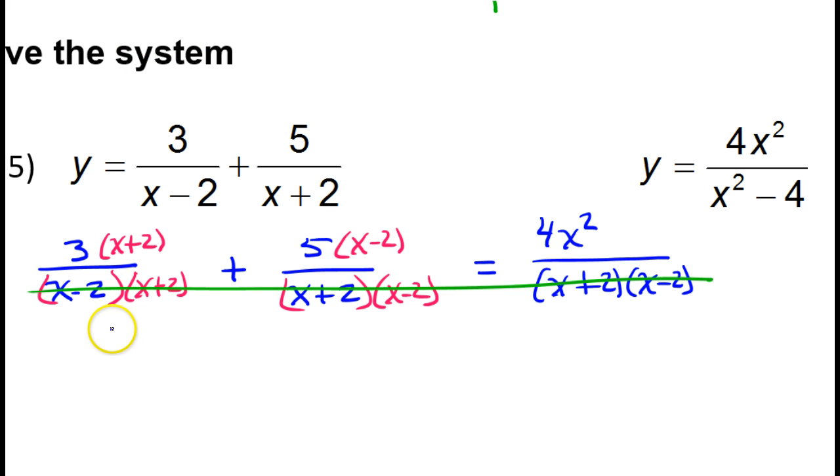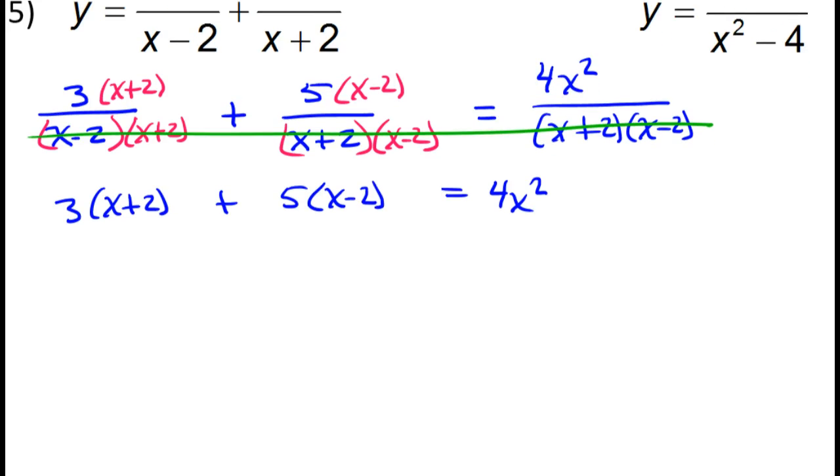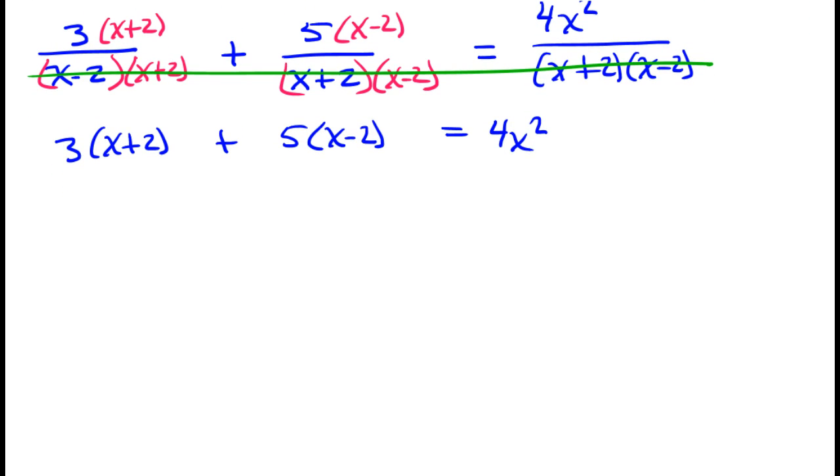If I do that, then what I have is 3 times x plus 2, plus 5 times x minus 2 is equal to 4x squared. Alright, so this doesn't look so tough to solve. So I'm going to do the distributive property here and here.